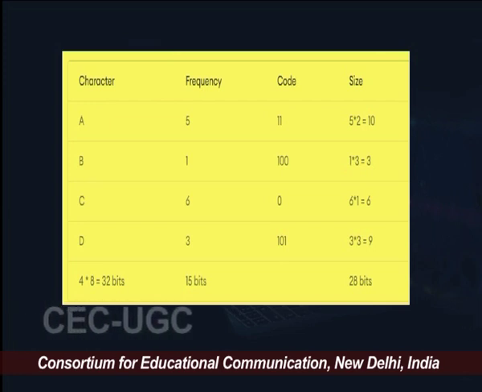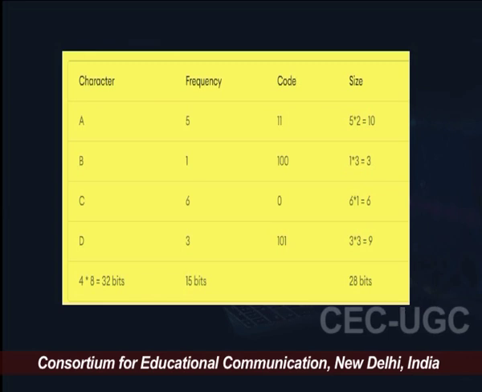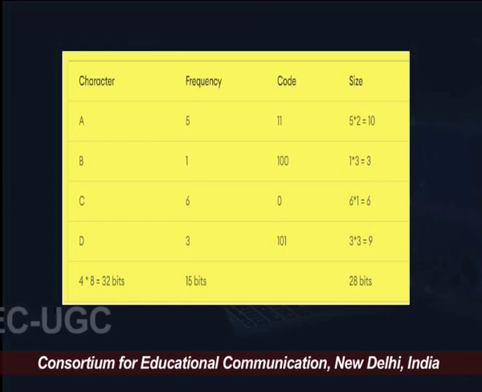Now, what is the speciality about this particular code? The size of the code is inversely proportional to frequency. The higher the frequency, the lower the size of the code.